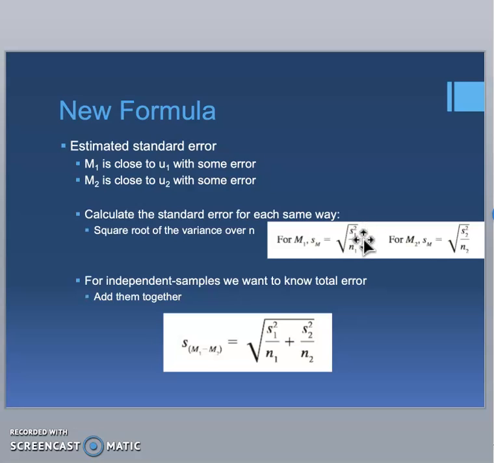What's the variance over n? You might think, oh, we can do variance over n for both of them and sort of add them together. Yes, but no, we can't do this. Instead, we have to calculate something called pooled variance, where instead of finding each variance separately, we're going to combine them together.